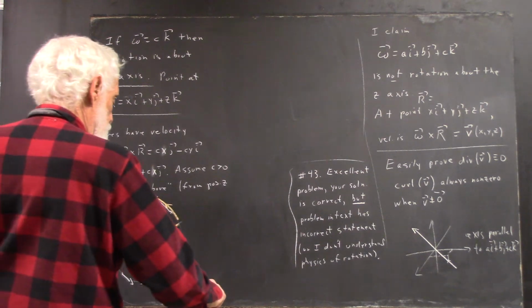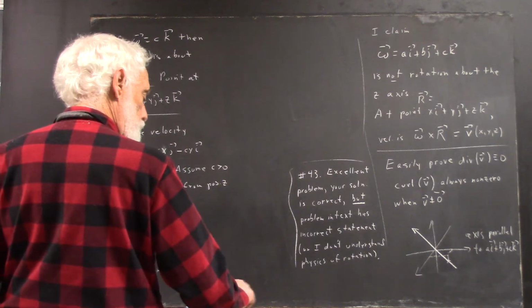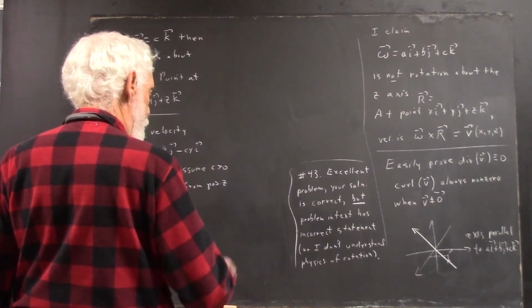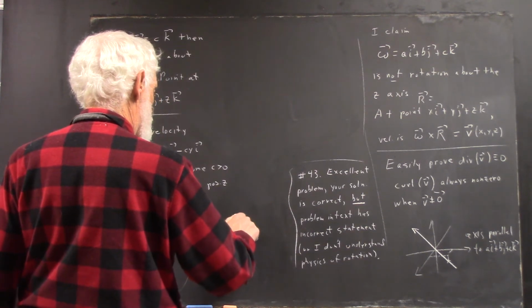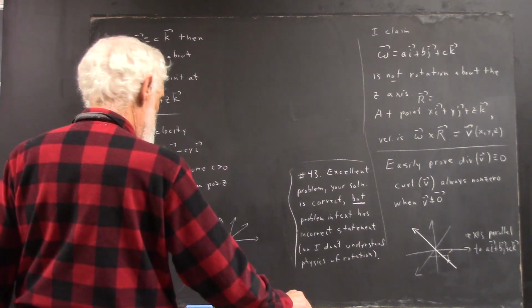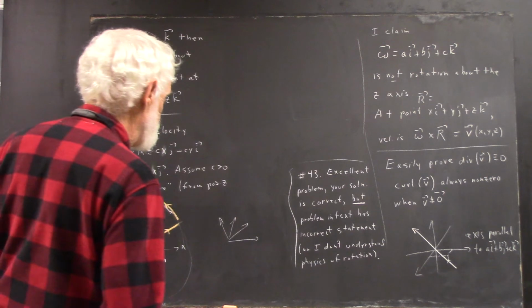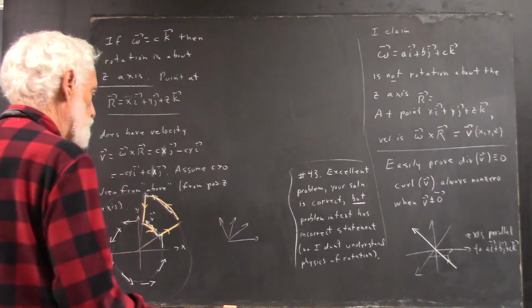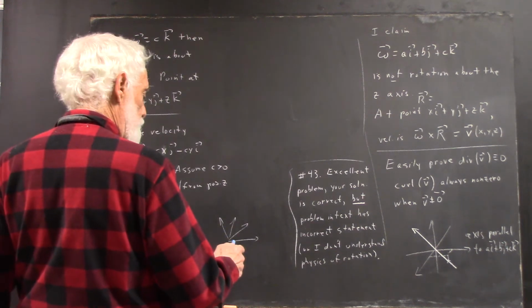Okay, and if you have a radial field, I'll just draw that much of it for time. Okay, a radial field, the magnitudes of the vectors don't always have to be the same.